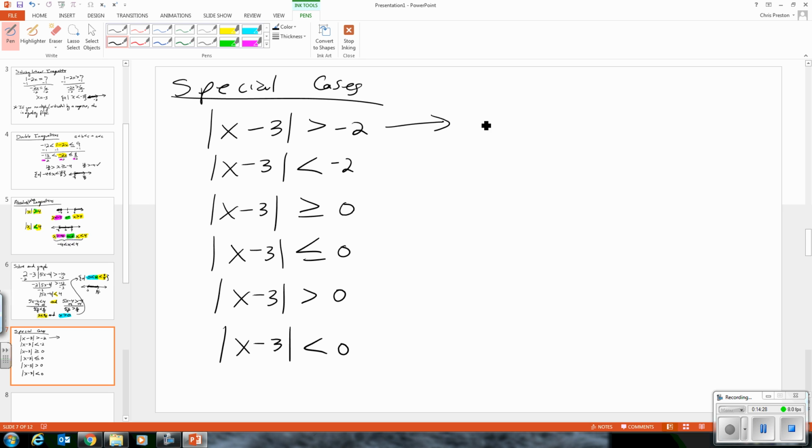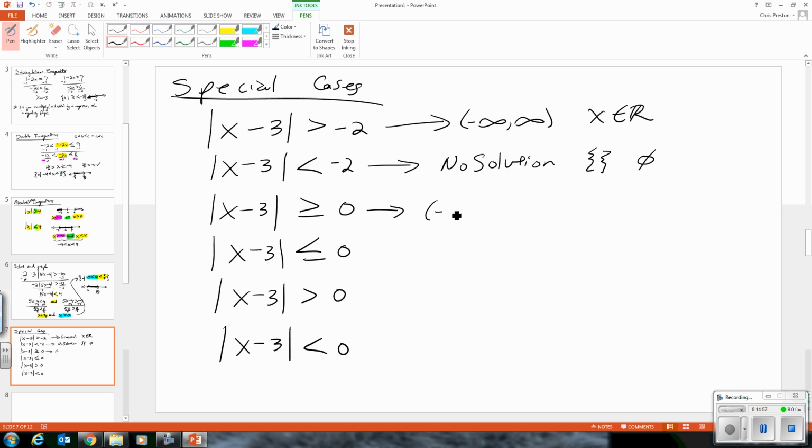This first one, the answer in interval notation is from negative infinity to positive infinity. In other words, all real numbers, right? The second one is no solution. Or you could use the empty set symbol, or you can use that for the null set. Again, no solution. That's what all that stuff means. This one, again, all real numbers.